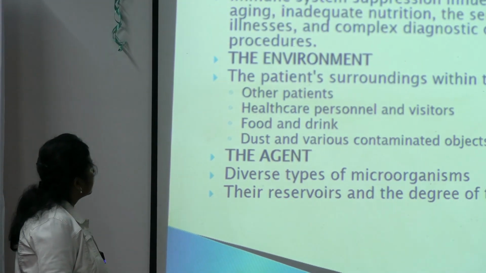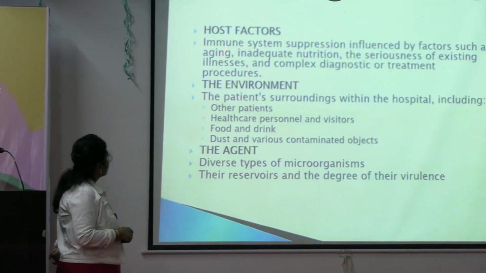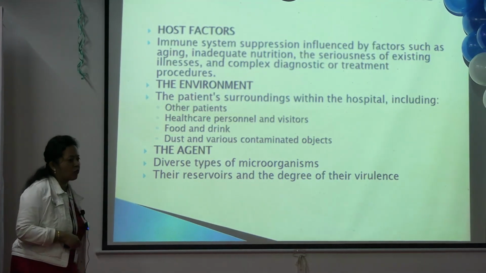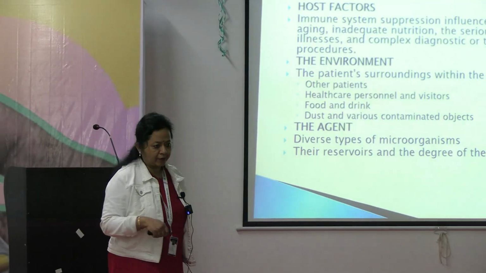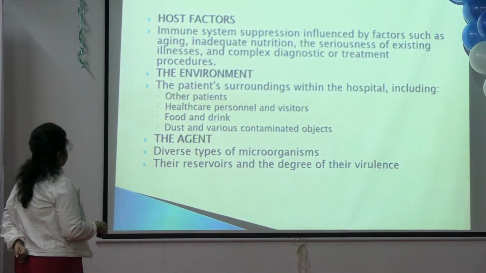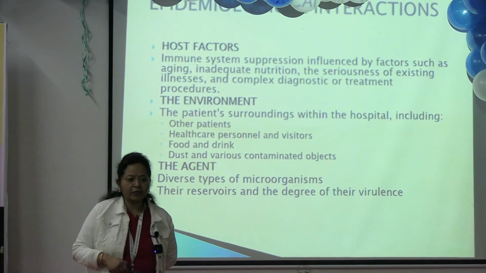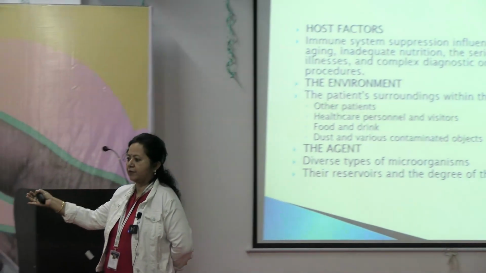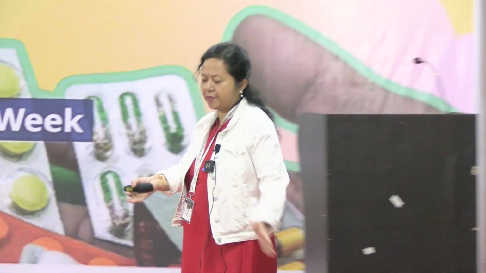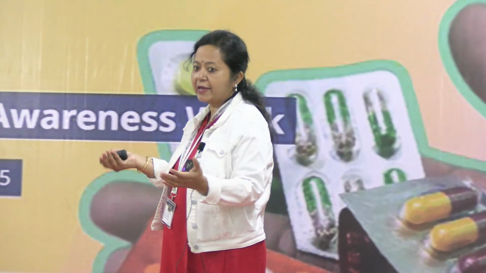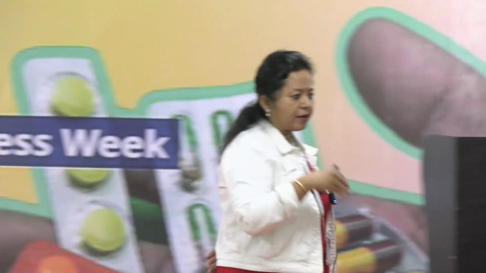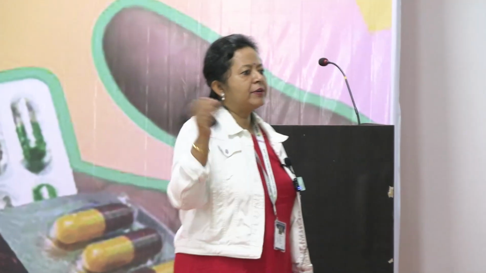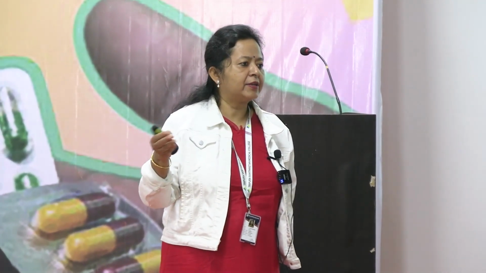Now, what are the epidemiological interactions, like host factors, environment factors, and the agents? So we have various factors contributing to HAI. First of all is the host factor. Extreme of ages, remember this: neonates, newly born, just out of the mother's womb, who are in the NICU, we call them. And also the extreme ages, like people aged 75, 80, 90 years.